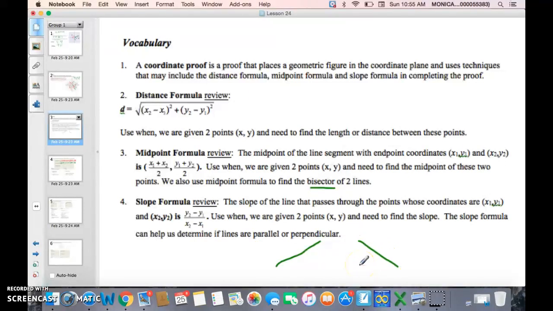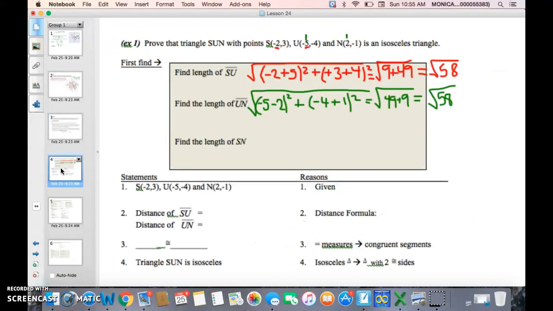And if so, how steep is that line? Please remember that parallel lines have the same slope and perpendicular lines have opposite reciprocal slopes. Okay, so you can reference this at any point during today's lesson.